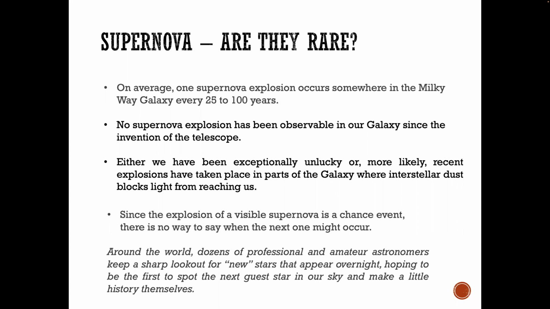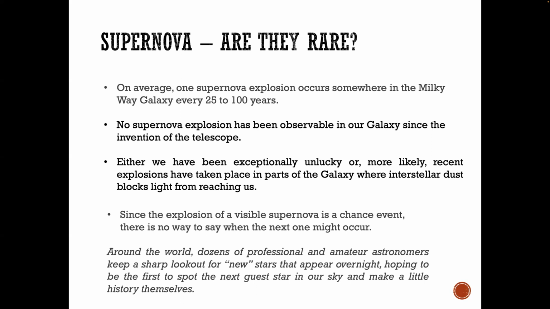However, no supernova explosion has been observable in our galaxy since the invention of the telescope, right? So in that sense, it is rare, right? Either we have been exceptionally unlucky, or more likely recent explosions have taken place in parts of the galaxy where interstellar dust blocks the light from reaching us. So this can be due to two reasons.